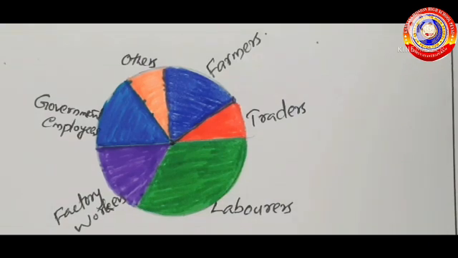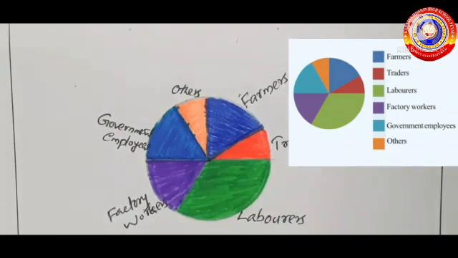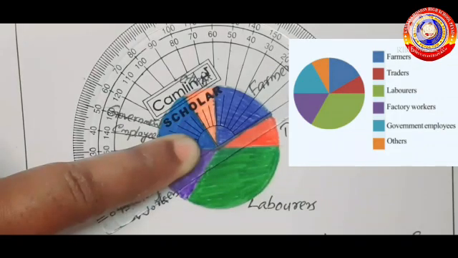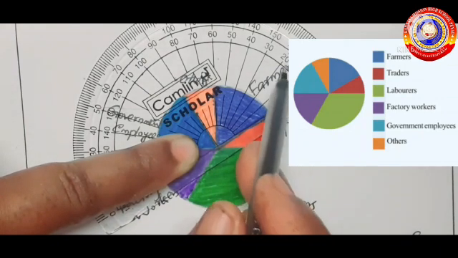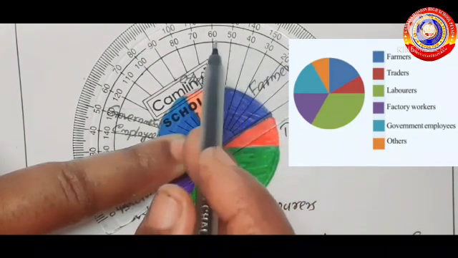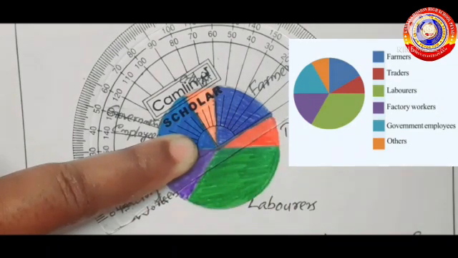In this pie chart, various occupations in a panchayat are there. The occupations are farmers, traders, laborers, factory workers, government employees and others. First we have to measure the angles formed in each part. Angle formed in the part of farmers is how many degrees? 60 degrees. Similarly, we can measure angles formed in other occupations using a protractor.